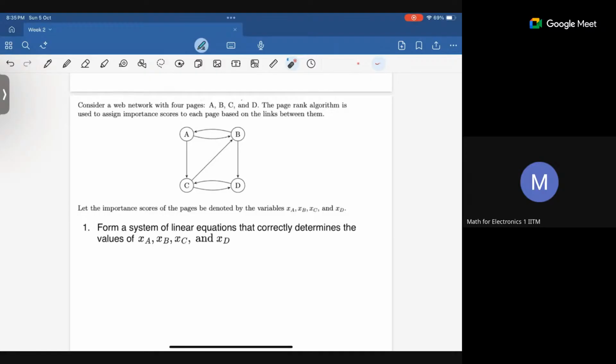When you search something in Google, it gives multiple pages, but it gives them in order. It gives the first or the best link on the top, followed by the second, followed by the third, and so on. And this ranking is not random.